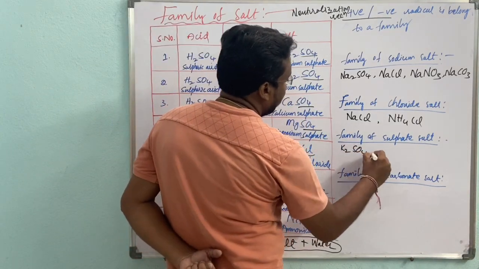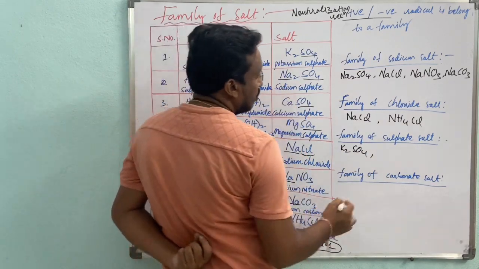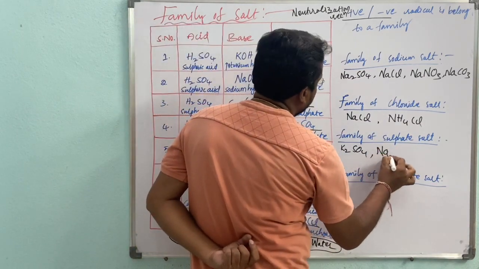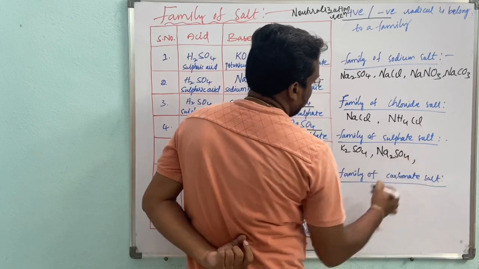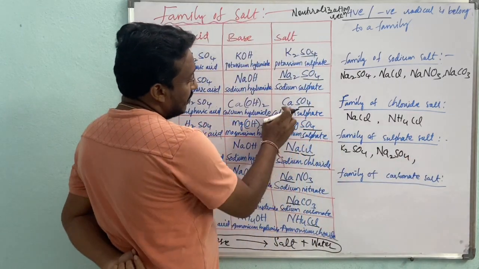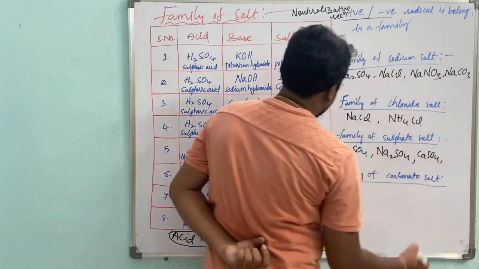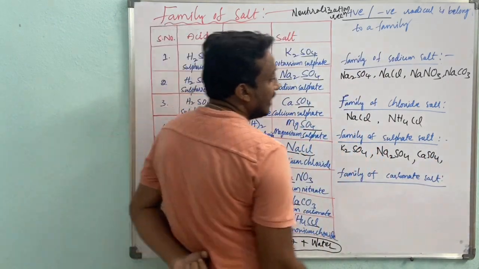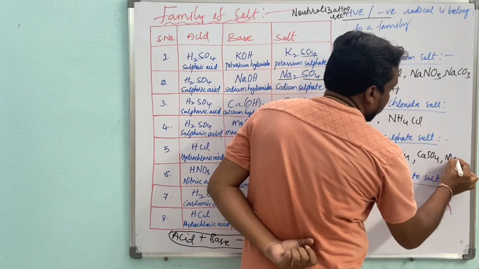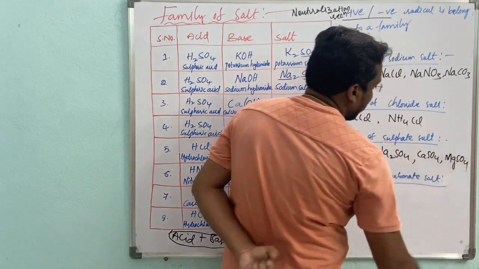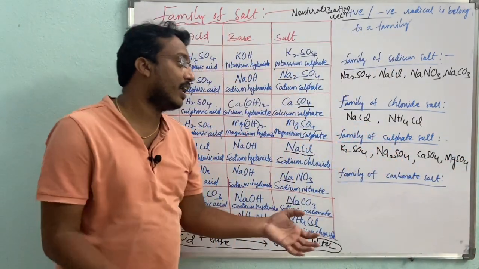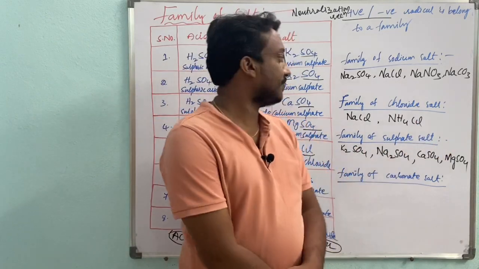Potassium sulfate and sodium sulfate. Next, calcium sulfate. Next, magnesium sulfate. Got it? These all are the sulfate family.